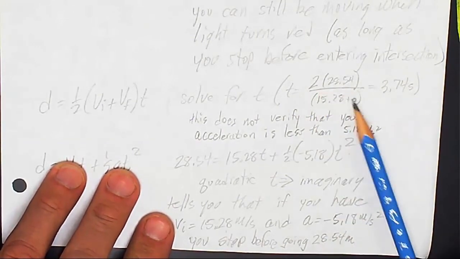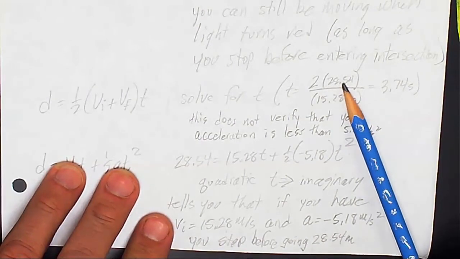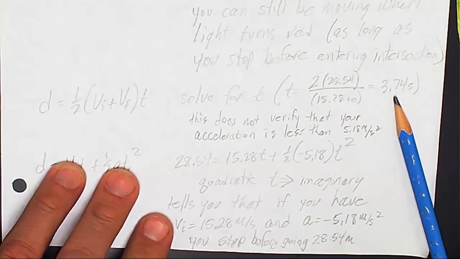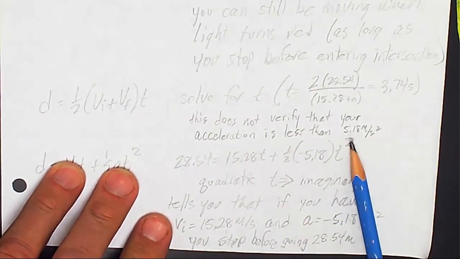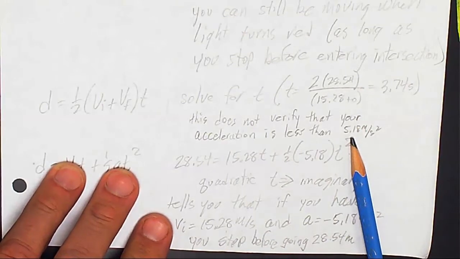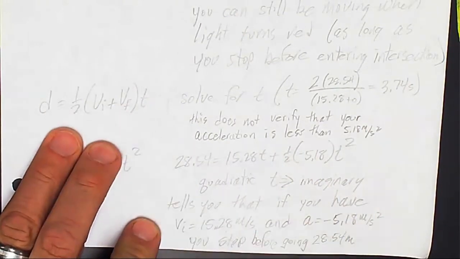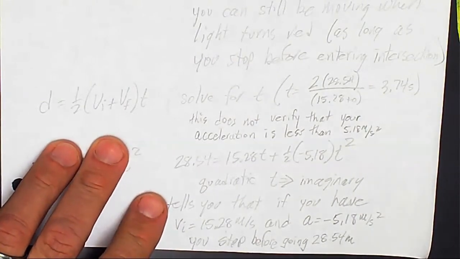So all this is telling me is that yes, I can stop in this distance, going this speed, and this is how much time it will take, but be careful, you haven't verified that the acceleration is going to be less than 5.18 meters per second squared. Nowhere in this equation is there an A. So you don't know if you fit the criteria that you're under your maximum acceleration.